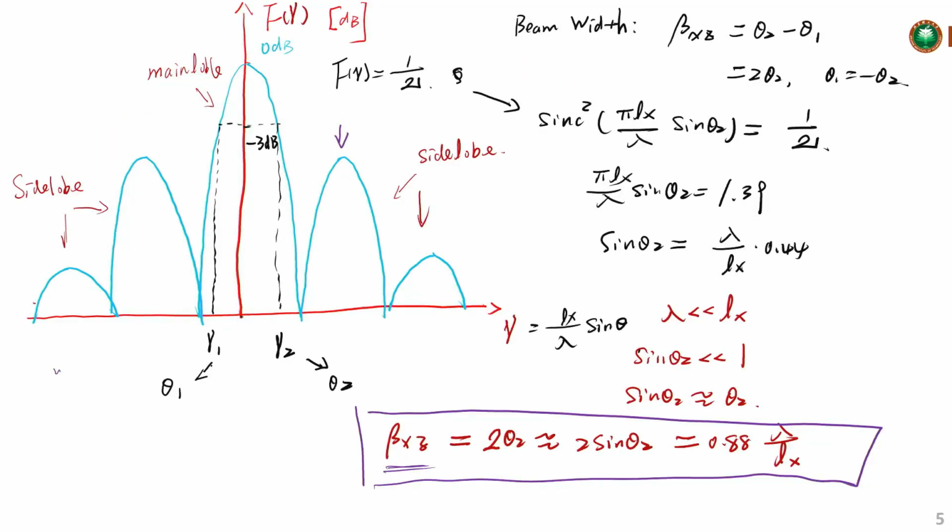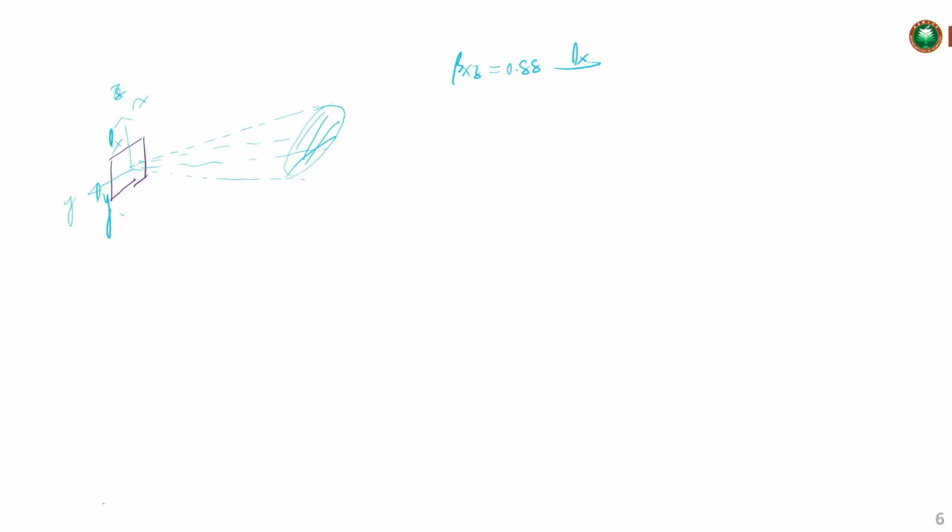So if Lx equals Ly, identical to each other, as we mentioned previously, beta x theta equals 0.88 lambda divided by Lx, and beta y theta equals 0.88 lambda divided by Ly.